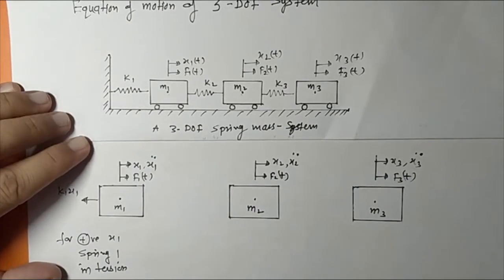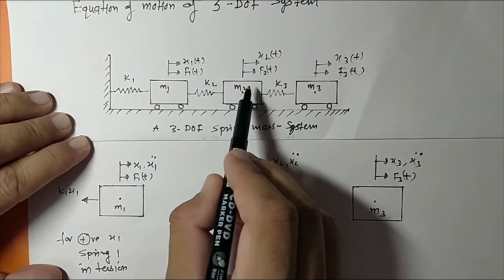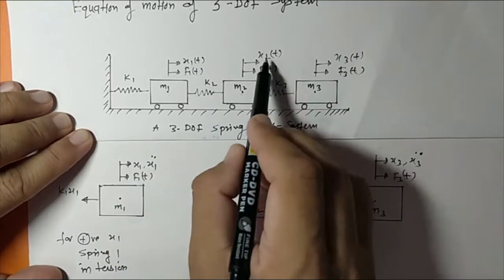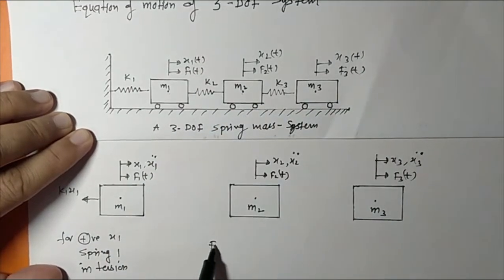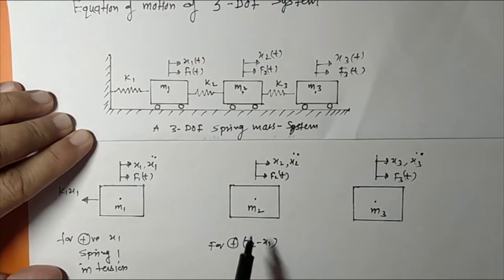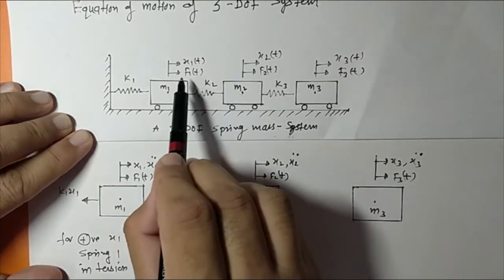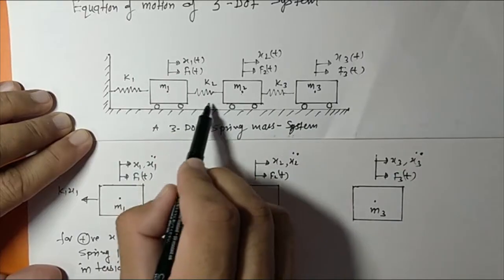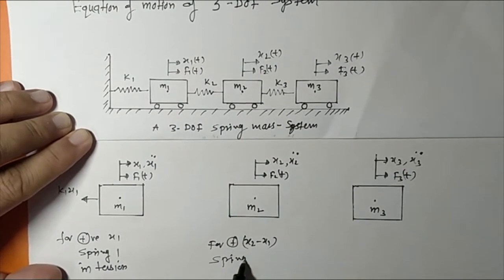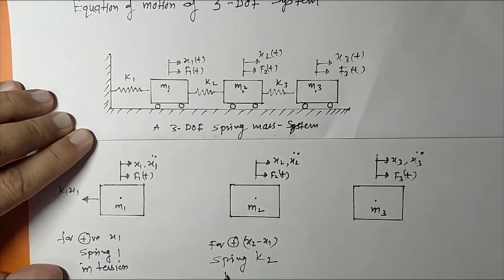And second, if we consider the relative movement between m2 and m1 as positive, so we can say for positive x2 minus x1, if the relative movement x2 minus x1 is positive, spring k2 is in tension.